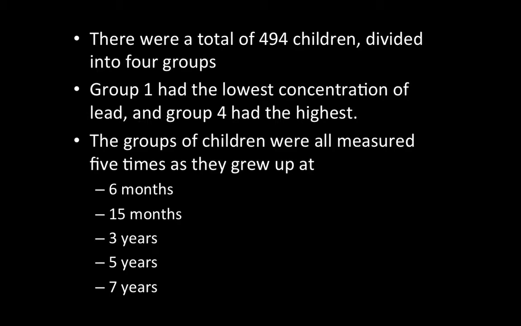The groups of children were measured 5 times as they grew up: at 6 months, 15 months, 3 years, 5 years, and 7 years. So remember, there were 4 groups of children, Group 1 having the lowest concentration of lead, and Group 4 having the highest. Each group was measured 5 times as they grew up, between 6 months and 7 years.